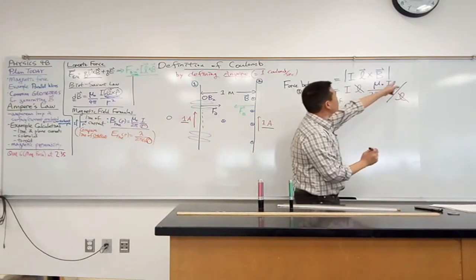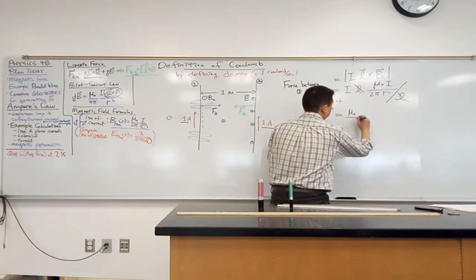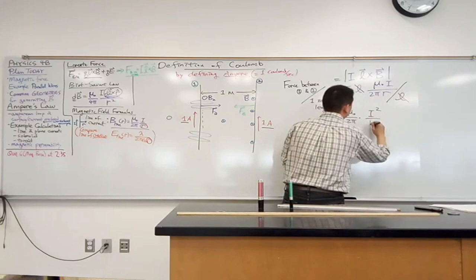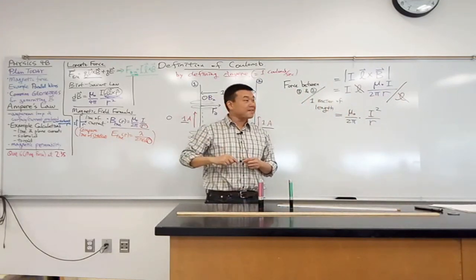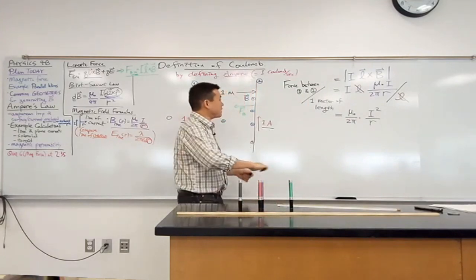So I have mu naught over 2 pi times I squared over r. And mu naught is one physical constant that I don't have to look up. I have it memorized.